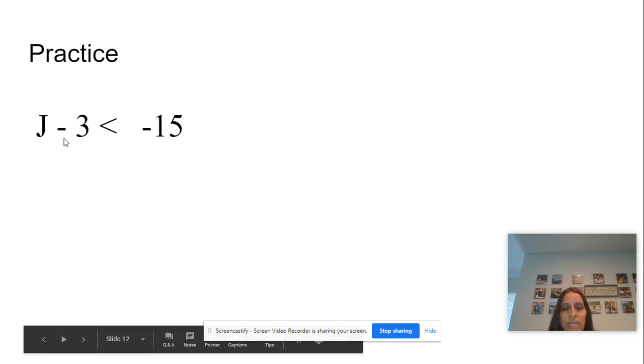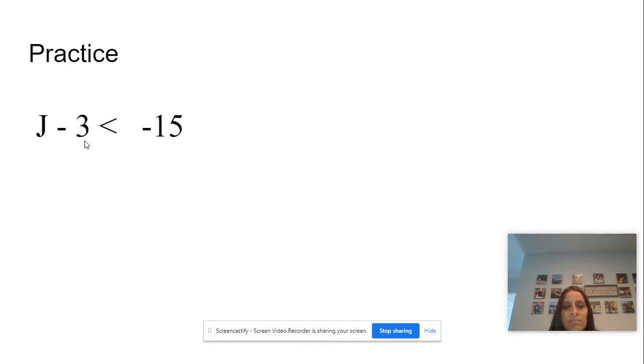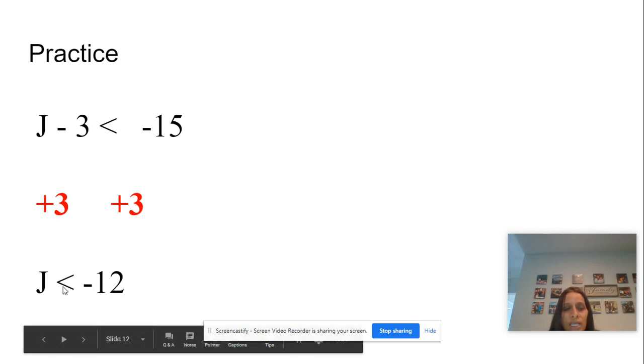This says J minus 3 is less than -15. So the opposite of this minus 3 is a plus 3. And I get J, or the numbers have to be less than or equal to -12.